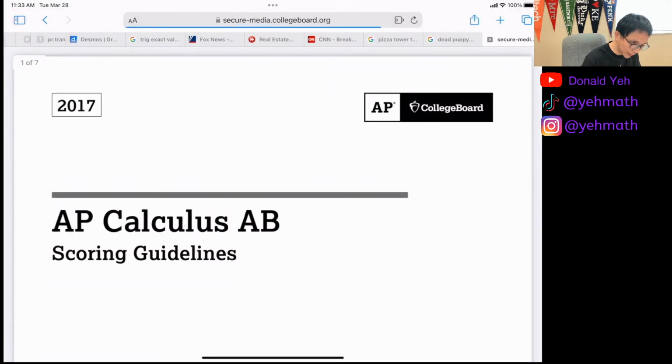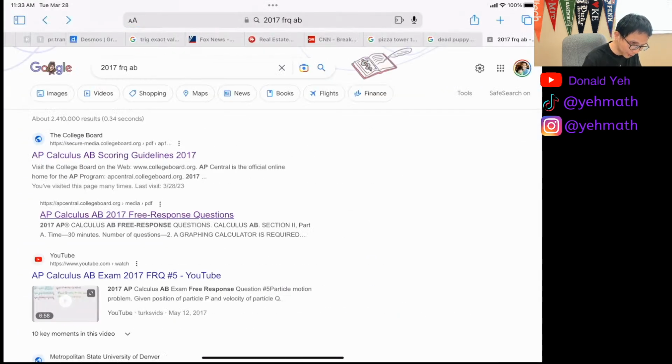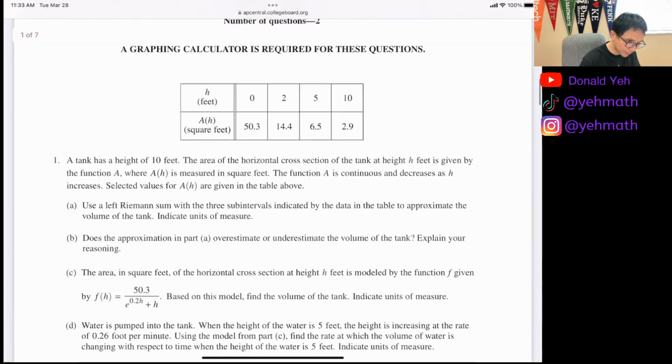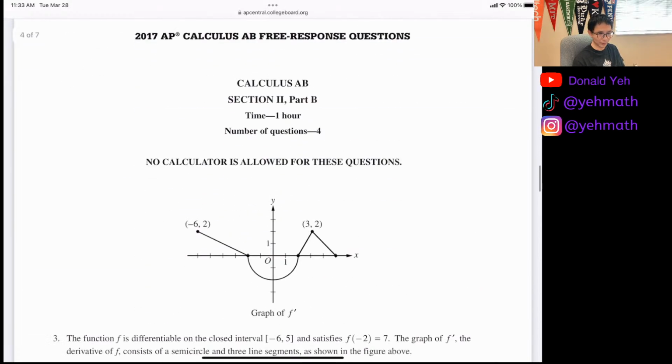I don't want a scoring guideline, I want an actual FRQ. So we're going to look at these questions. This is a very famous question, called rate in and rate out. This test has a banana and potatoes. Look at question 3.